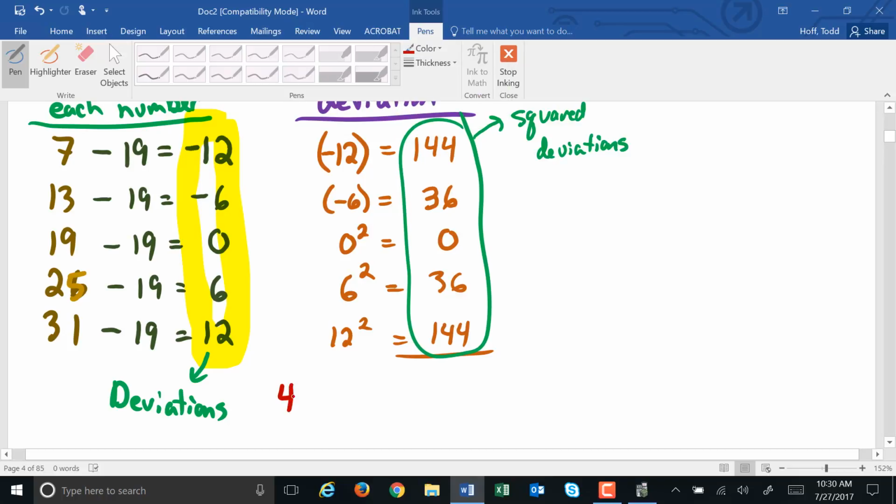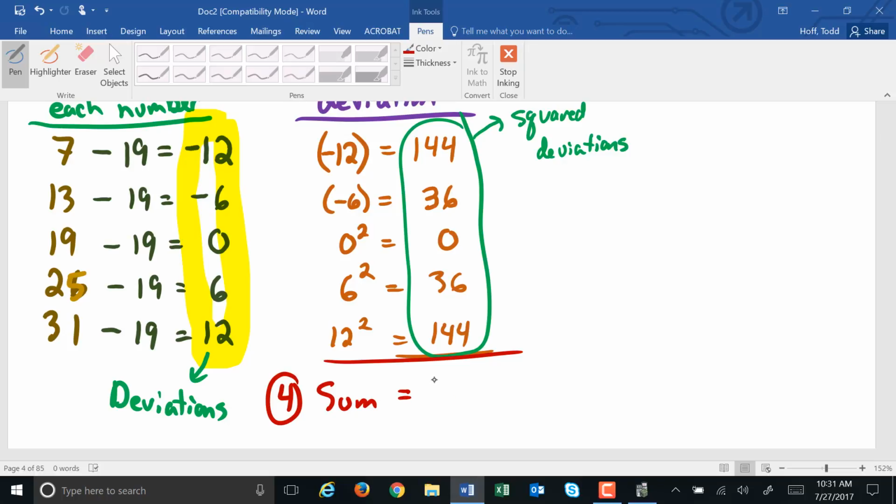Step 4 is to find the sum. So if I add those numbers up, that comes out to be 360.